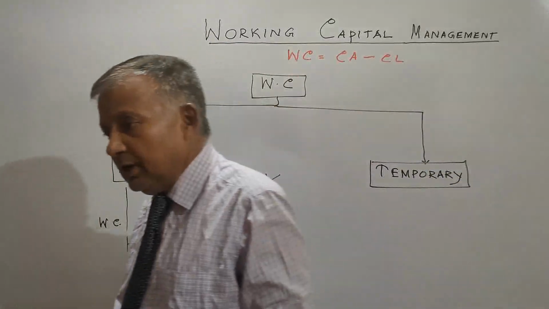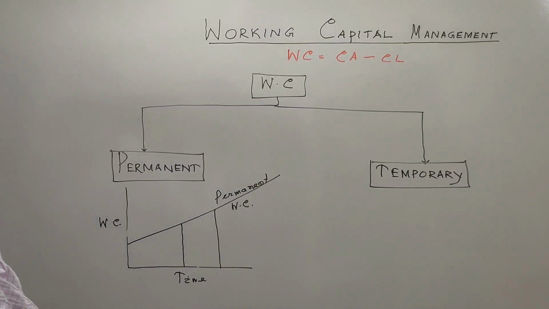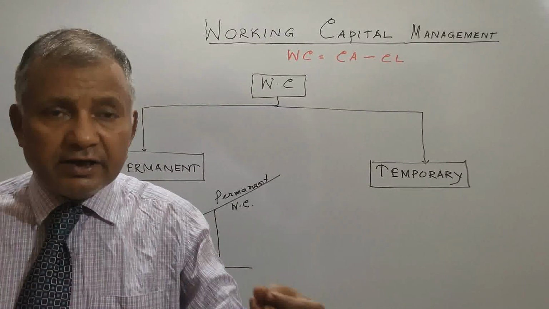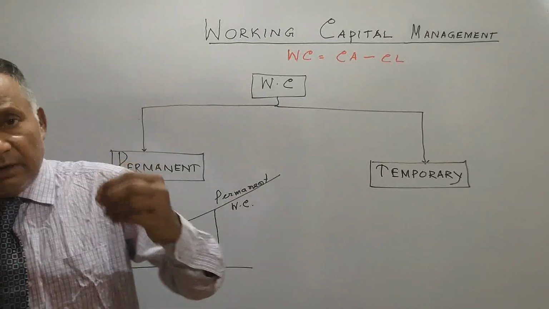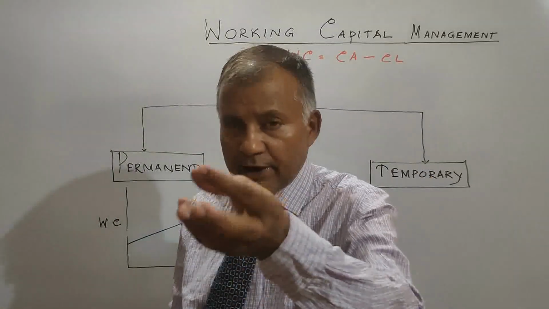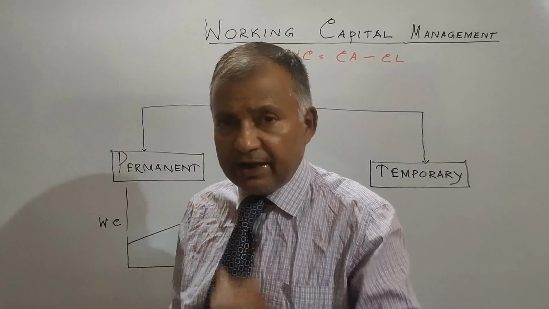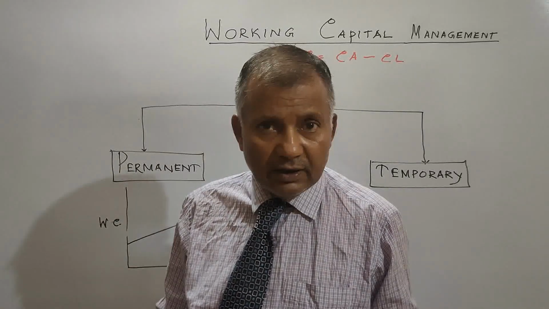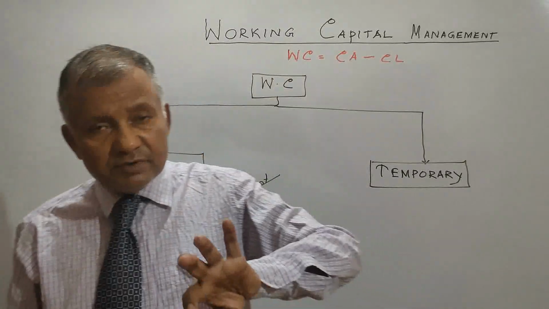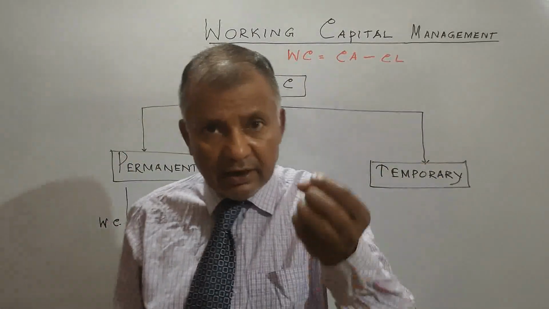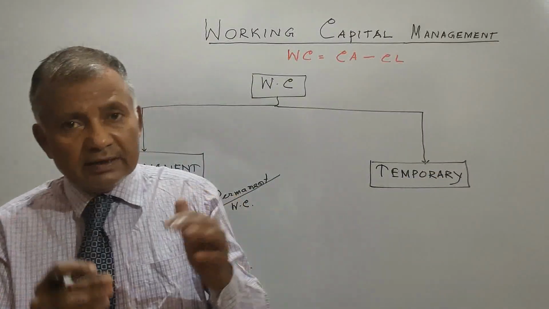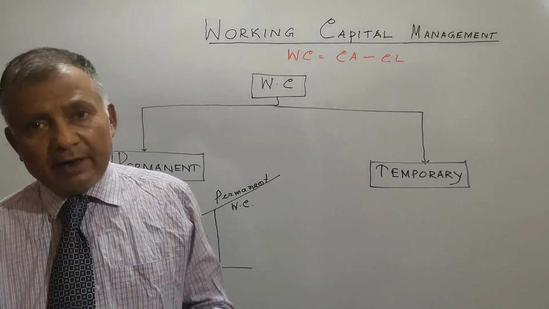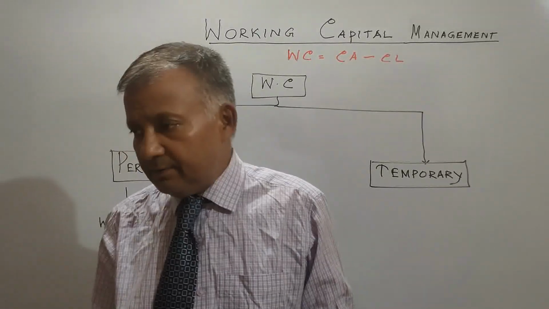Every day in your home you need 2 kg of rice. This is the standard. But sometimes you need 2.5 kg as some guests arrive. Similarly, sometimes you also need a little bit less. So these are all temporary adjustments with the working capital.